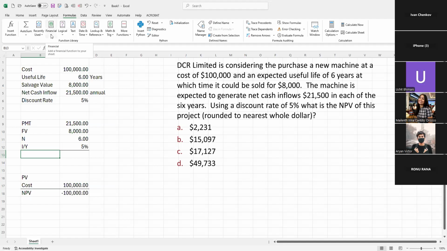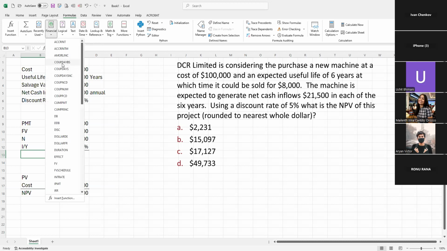Once you click on Financial functions, you have so many financial functions. Once you stay on a function, it's going to tell you what you can calculate. In this case, we don't need to calculate the net present value. We need to calculate the present value, which is PV.